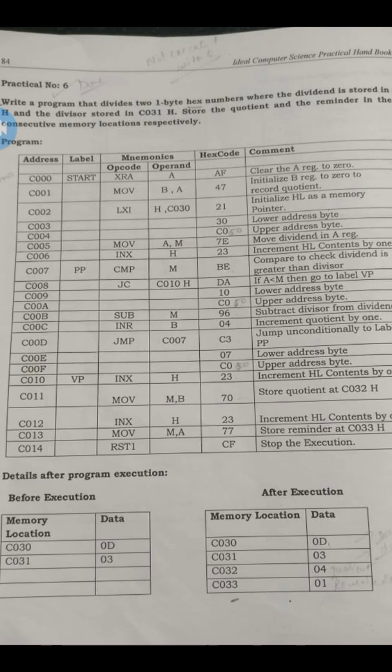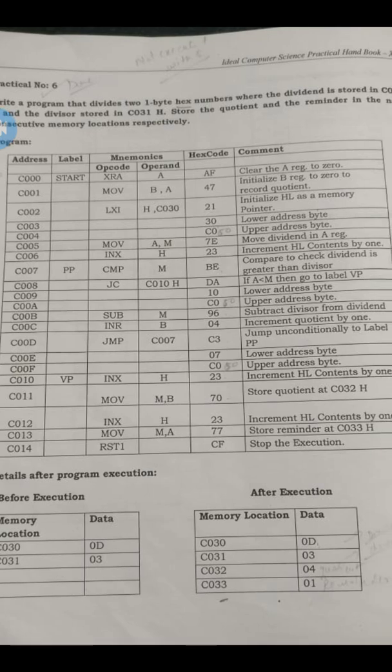Now the next thing is we have to compare the dividend and the divisor. For this we are using the next instruction, the CMP instruction, that is the compare instruction. In the operand there is M, so compare M. This instruction will compare the contents of the accumulator and the contents of the memory.